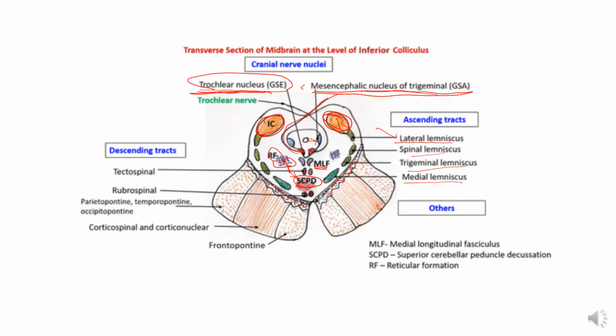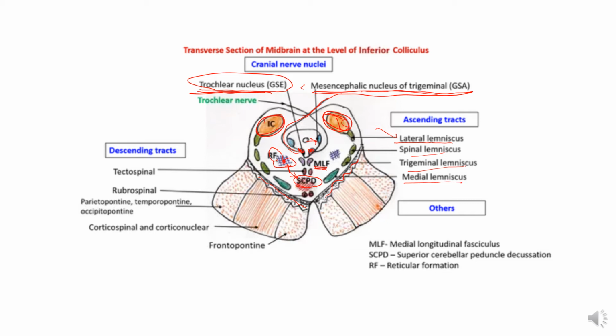The substantia nigra is concerned with muscle tone and is connected to the cerebral cortex, spinal cord, hypothalamus, and basal nuclei. So the substantia nigra has connections with the cerebral cortex, spinal cord, hypothalamus, and basal nuclei.